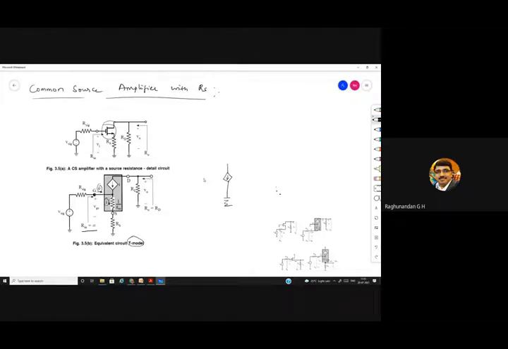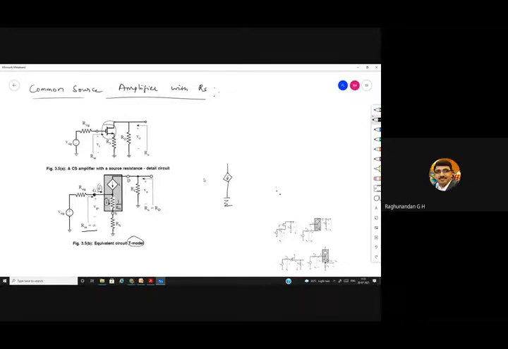This current source will be dependent upon the input supply, that is VGS, as we have discussed in the last circuit. The same way here also we will be having it.